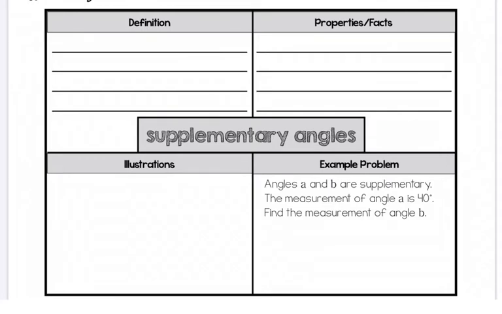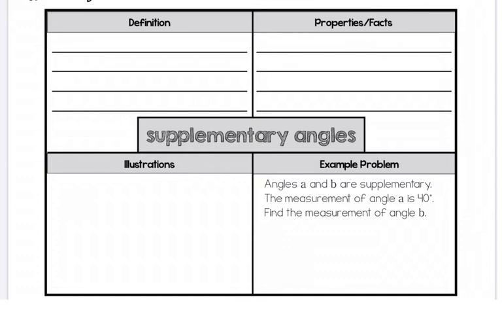All right, guys, so we are going to continue our talk about angle relationships, and today we are going to be looking at 4 different types. One of them you will recognize from our last video, and we're just going to take it a little bit further. But the first one we're going to talk about is supplementary angles.